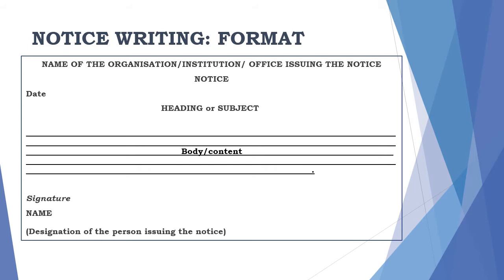After that comes the date. Date is written in its expanded form. And then comes the heading or the subject of the notice. After that comes the body, leaving a line. And after completing the body or the content, leave one more line and then put the signature. Then the name of the person who is issuing this notice.